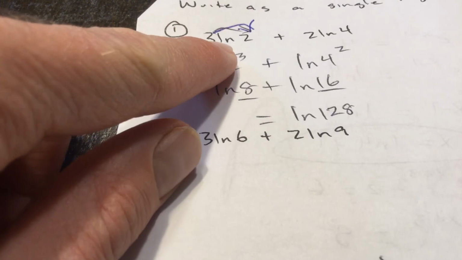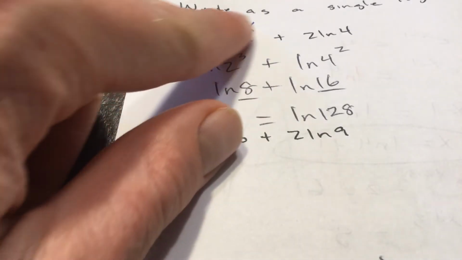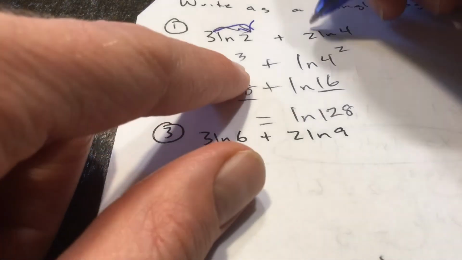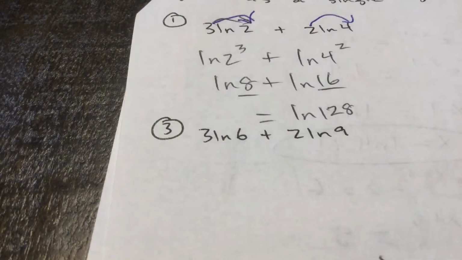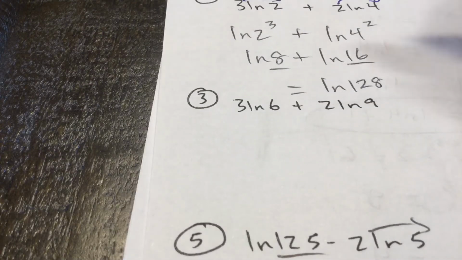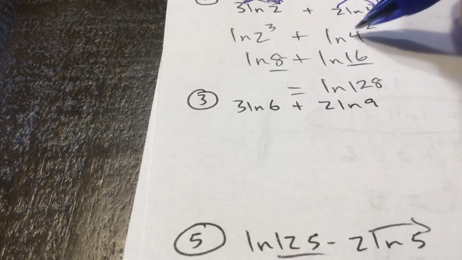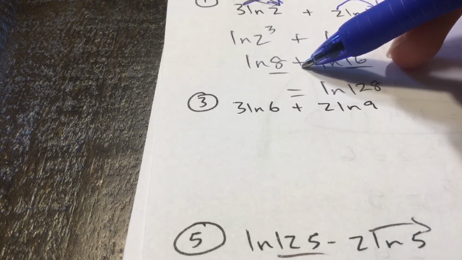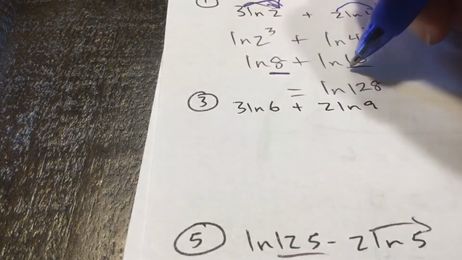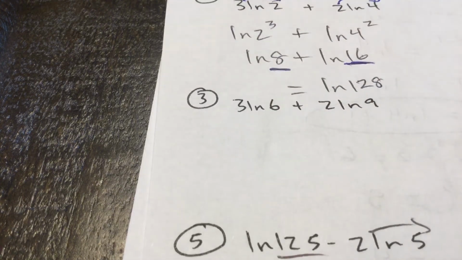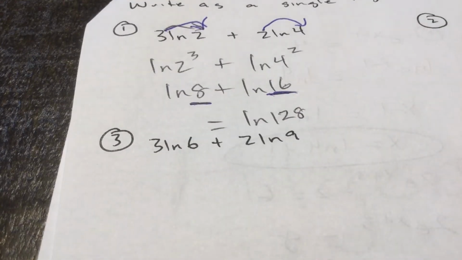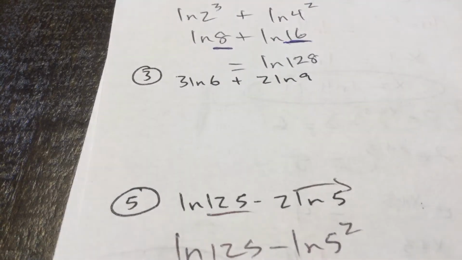So that means I can write this as natural log of 2 to the 3rd plus natural log of 4 squared. 2 to the 3rd is 8. 4 squared is 16. Addition in the log world means I can combine them through multiplication. I do 8 times 16 to get natural log of 128. That's my answer.